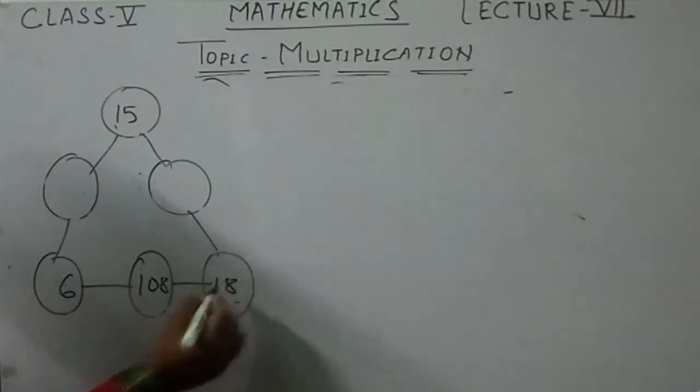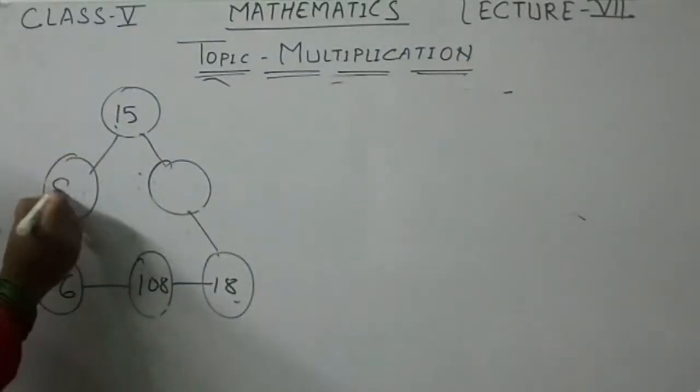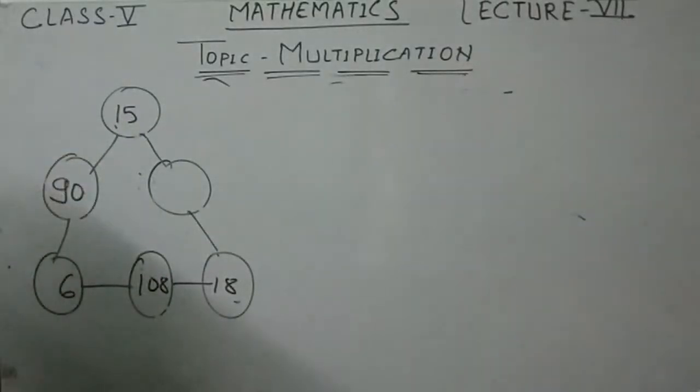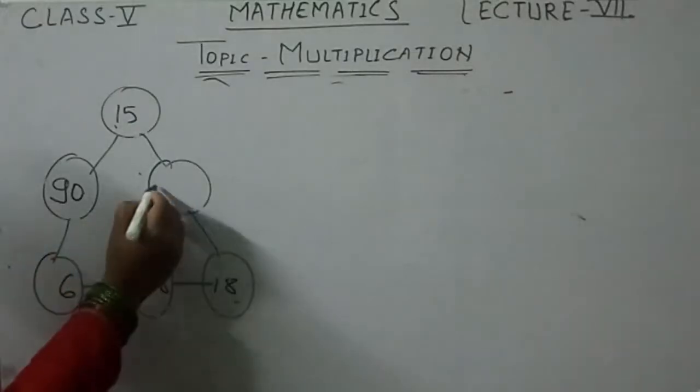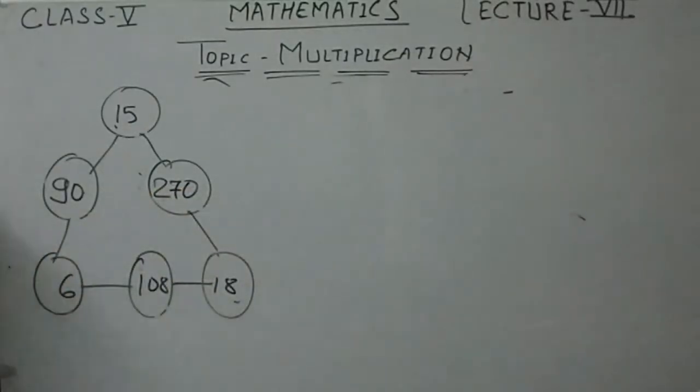Now see, 15 sixes are 90. If you don't know the table, multiply on rough paper and write the answer. Now 15 multiply 18. What will be the answer? You just multiply on rough paper and write the answer. The answer will be 270. In this way, we observe the pattern and fill in the boxes.